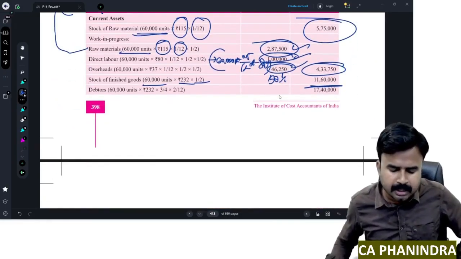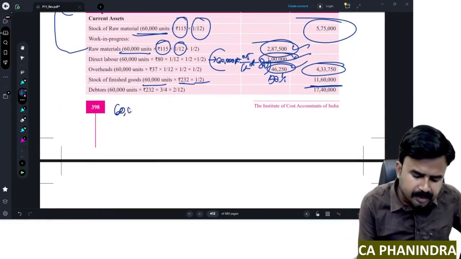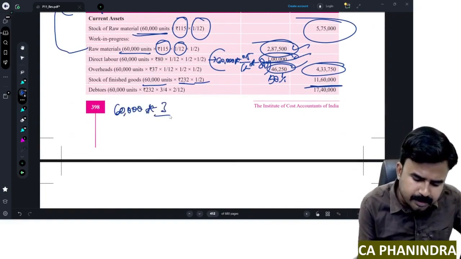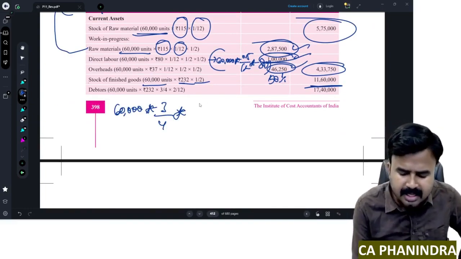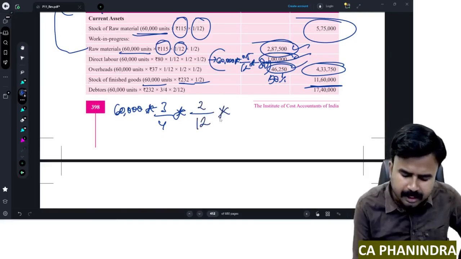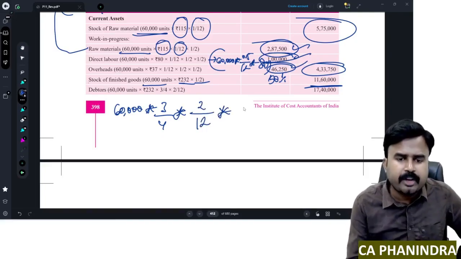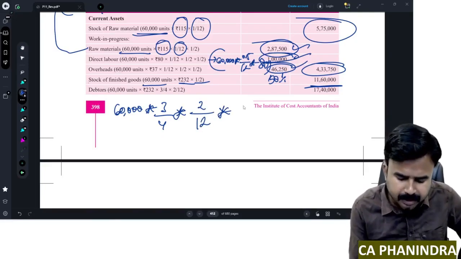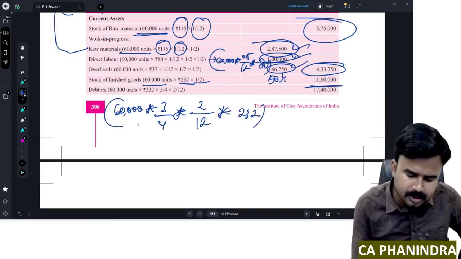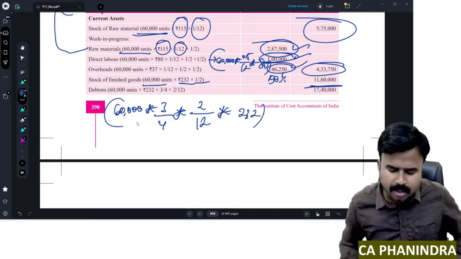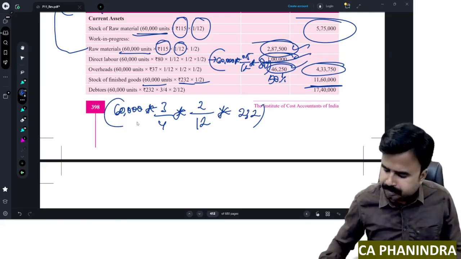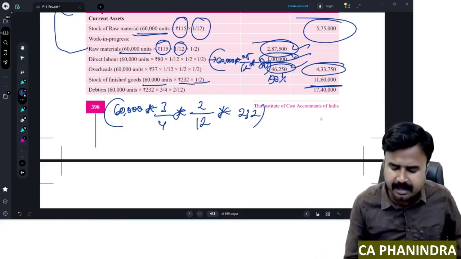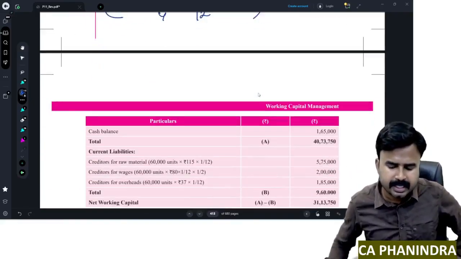So take 60,000 into 3/4, because 1/4 is cash sales, into debtors collection period of 2 months, 2 by 12, and debtors should be valued at total cost. My total cost is 232 per unit. So 60,000 into 3 by 4 into 2 by 12 into 232. I got 17,40,000. That's my investment in debtors.